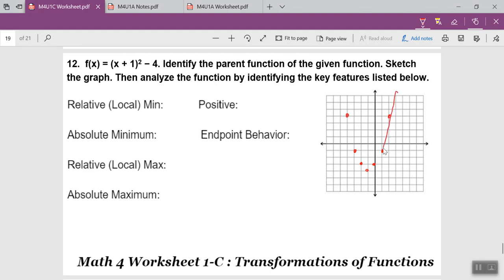And we can draw a nice little parabola there. All right. Relative min and absolute min are the same thing. They are the ordered pair of -1 and -4. There is no relative max and there is no absolute max. You could possibly say infinity there.